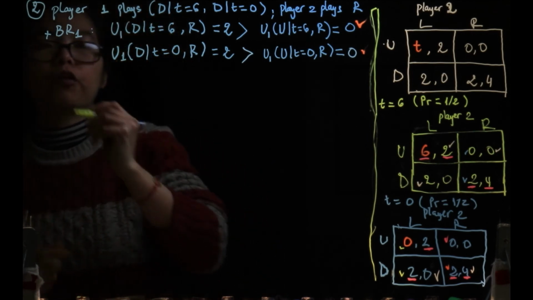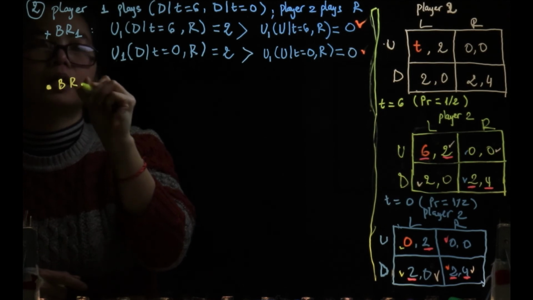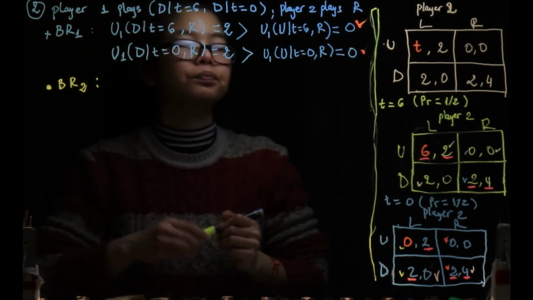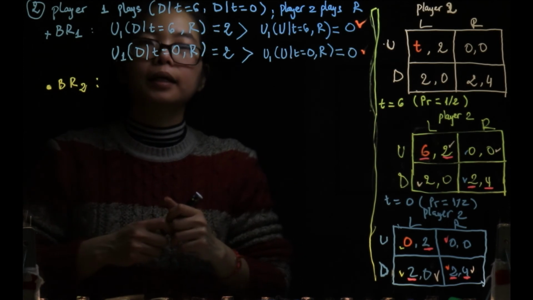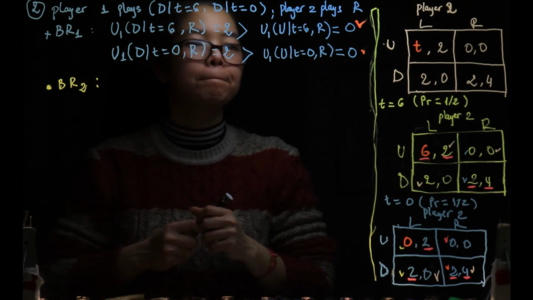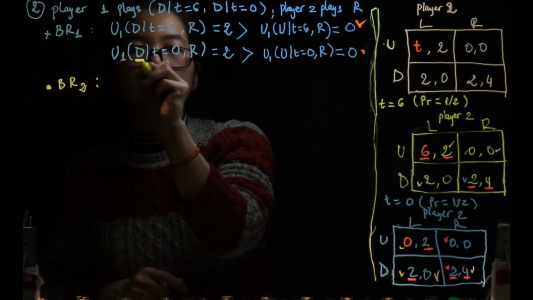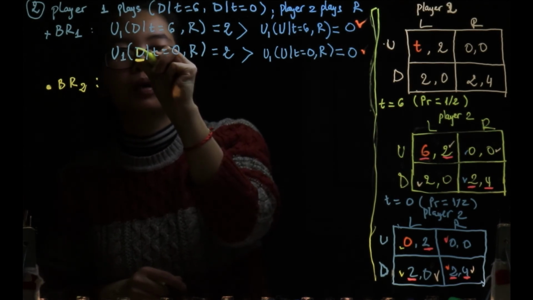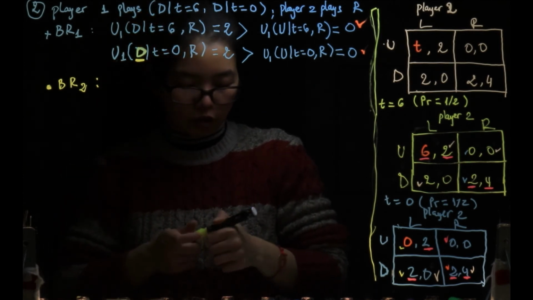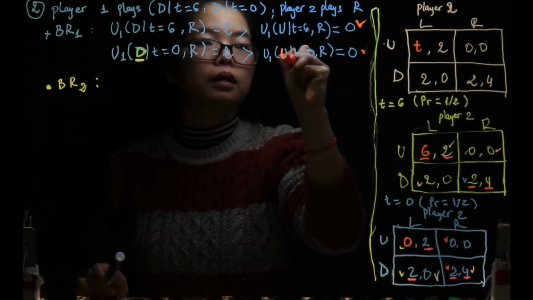Now we check for the best response of player 2. By the way, I think I could just highlight this. So down. Here, down in a different color, then it's easier for you to see. So that is up.